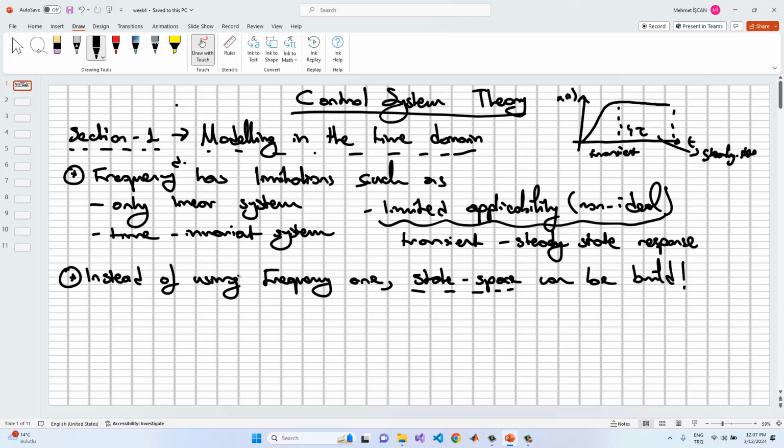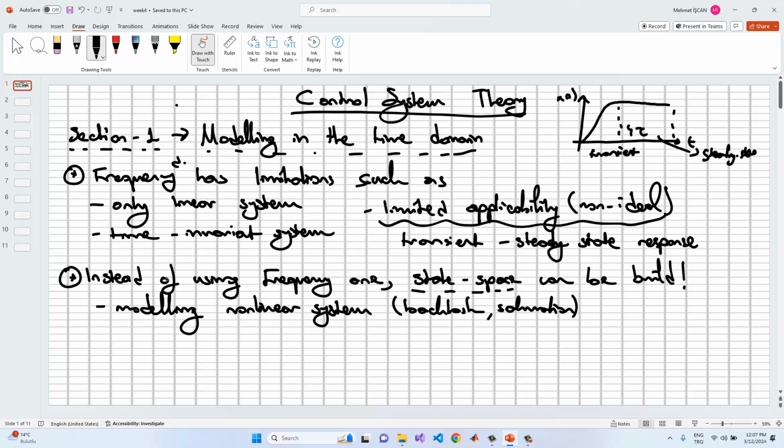If we use state space in the time domain, we can model nonlinear systems, or we can model backlash or saturation. We cannot do that in the frequency domain or the Laplace transform, because we cannot add the nonlinearity into the frequency domain.